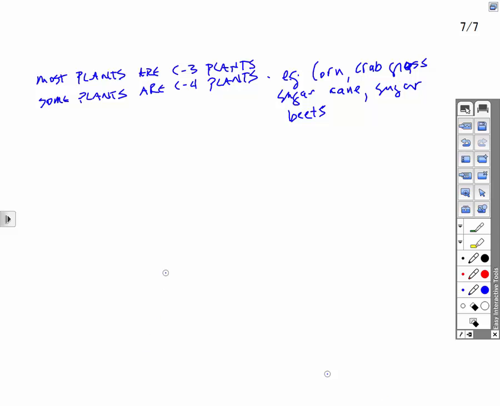So you have the normal C3 process, meaning you have a cell that will take a 5-carbon and combine it to carbon dioxide. We're doing the C3 Calvin cycle. That's what we're doing. So the CO2 comes into the plant, combines with a 5-carbon RuBP, that immediately becomes a 6-carbon, which immediately splits into 2 3-carbons.